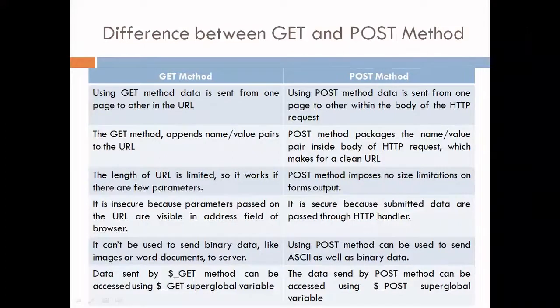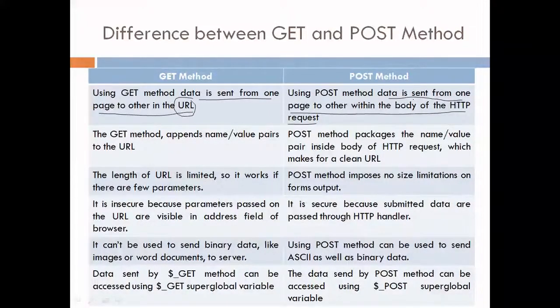Now, the difference between the get method and the post method. With the get method, data is sent from one page to another page in a URL. But with the post method, data is sent from one page to another within the body of the HTTP request.